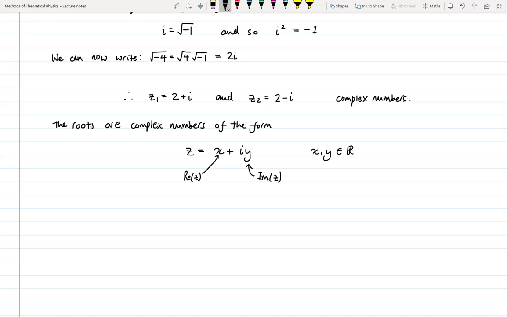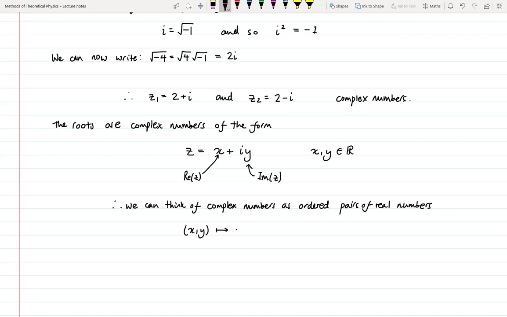Now, in this form, it's quite straightforward to see that you can think of complex numbers as being ordered pairs of real numbers. So in this case, it means that there's an association between the ordered pair x, y and the complex number x plus iy.